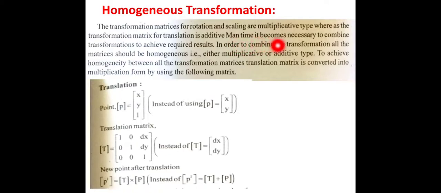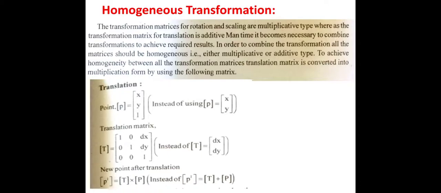Many times it becomes necessary to combine transformations to achieve required results. In order to combine the transformations, all the matrices should be homogeneous, that is either multiplicative or additive type. To achieve homogeneity between all the transformation matrices, the translation matrix is converted into multiplication form by using the following matrix.